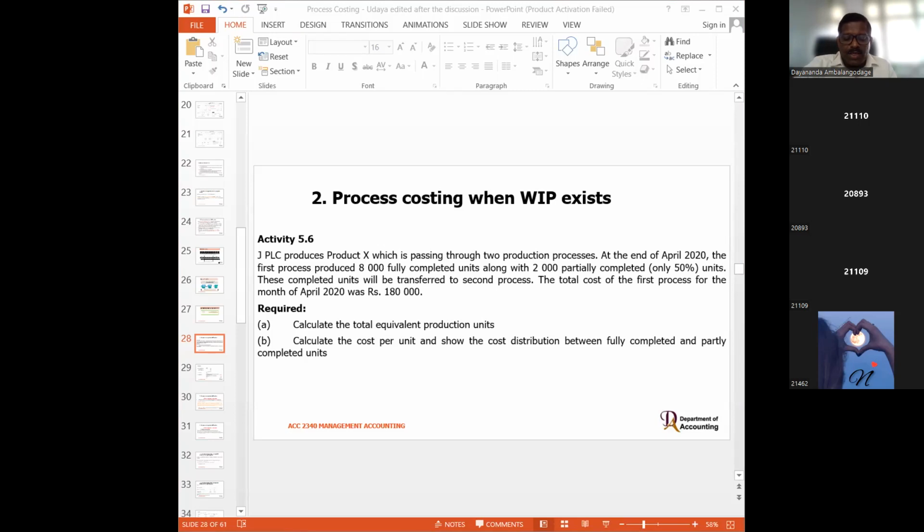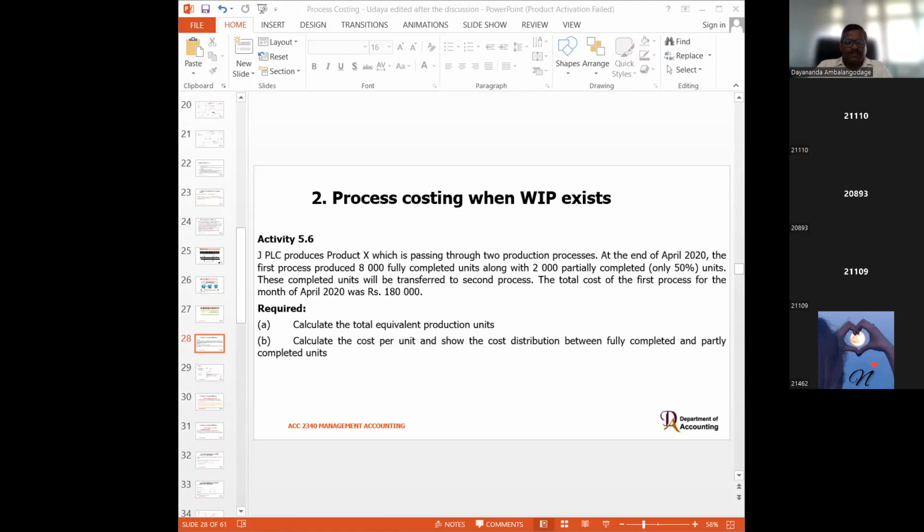We can say completed units from all perspectives, from all the resources, they have completed 8,000 units. But at the end of the particular period, April, you have closing WIP. WIP means work in progress.